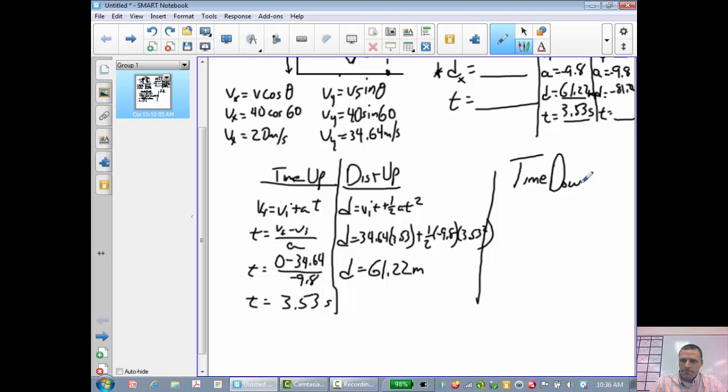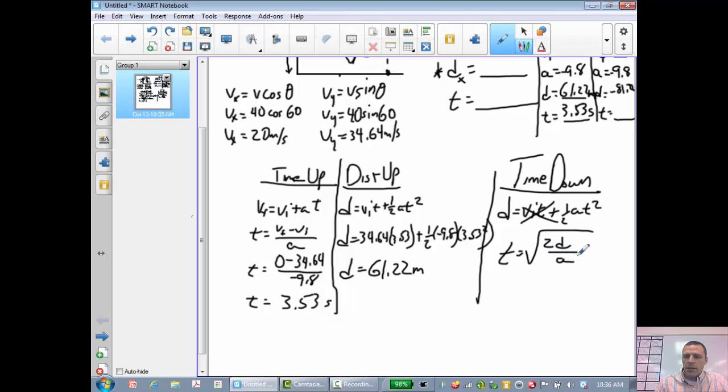Time down. Sorry for the messy handwriting. I'm going to use the same equation. D equals Vi T plus 1/2 A T squared. There is no initial velocity down, so the time down is equal to the square root of 2D divided by A. T equals the square root of 2 times, let's use the down distance, negative 81.22 over negative 9.8.